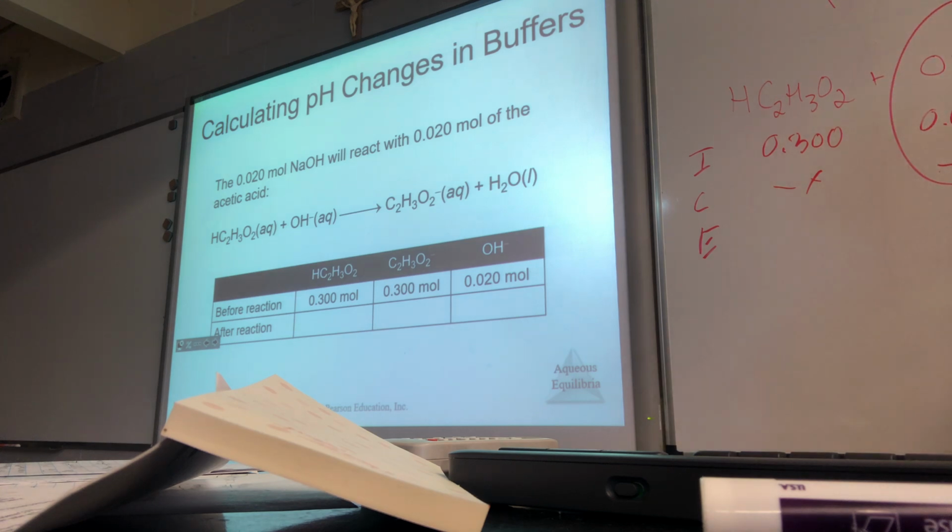So at equilibrium, this has to go to 0. If we know 0.02 minus x equals 0, what is x? When we deal with strong acids and bases, they completely dissociate, meaning completely react. So now we know what x is, right?